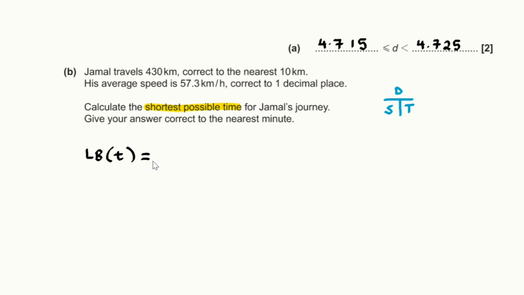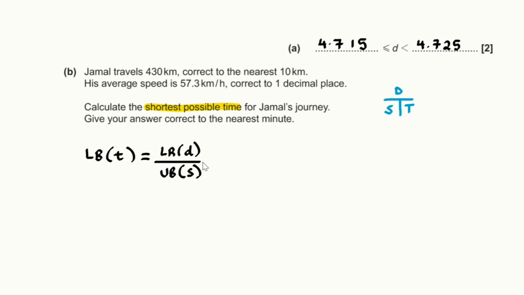Now, how could I get a fraction which is as small as possible? Well, I need the lower bound of the distance divided by the upper bound of the speed.